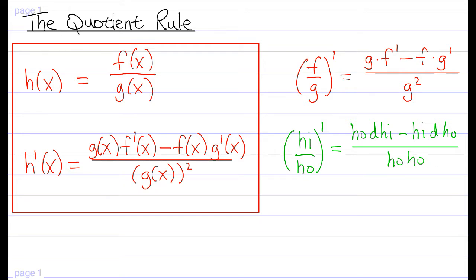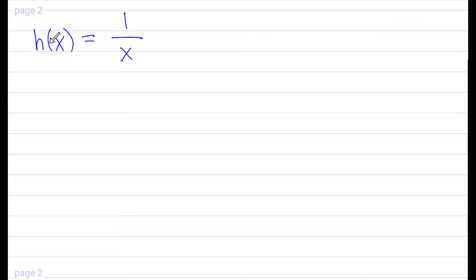Okay, let's get to some examples. If you watched our video on the product rule, I did examples where we kind of knew the answer ahead of time, and I think I'm going to do that again. So let's try it. h of x equals 1 over x. Okay, we want to find the derivative of this. Now first you might be thinking, why am I using h and not f?